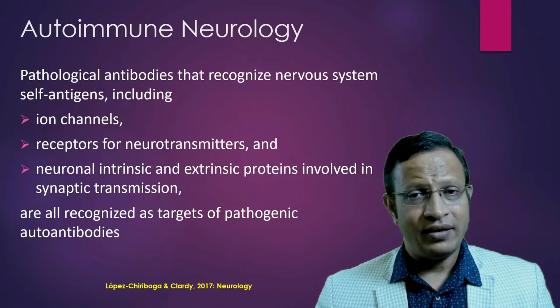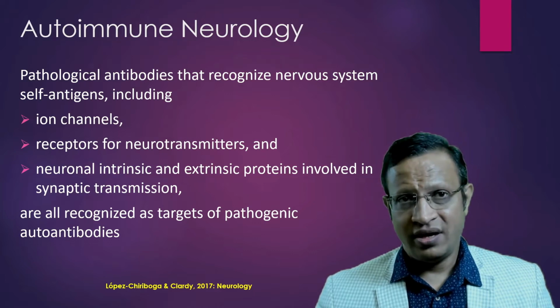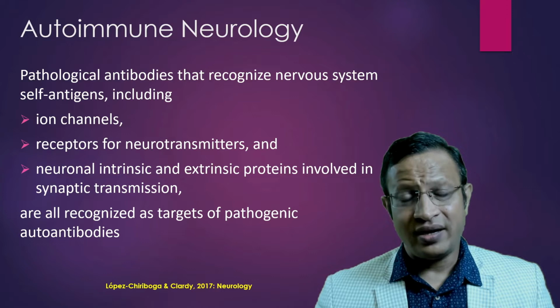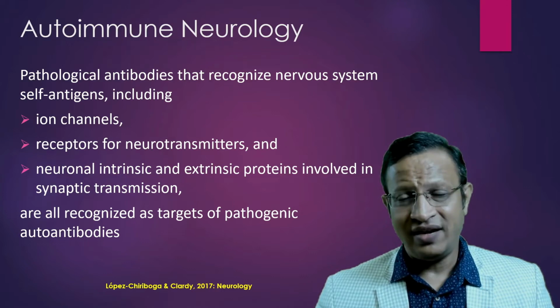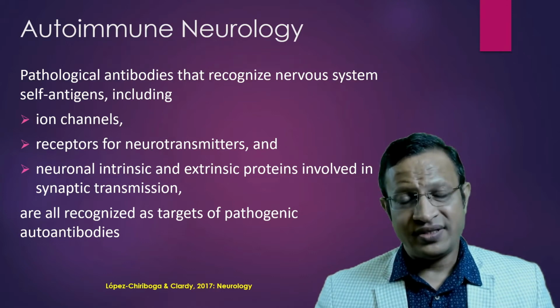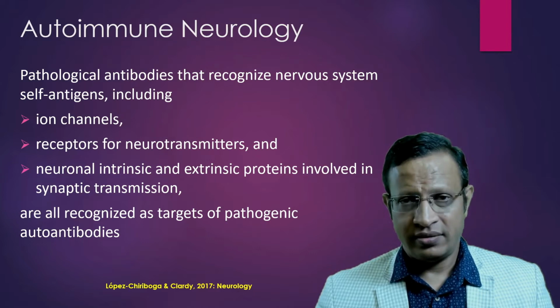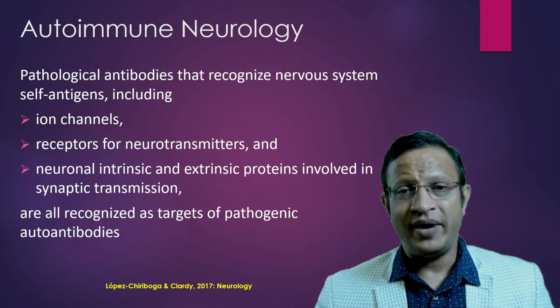Here, especially in autoimmune neurology, the pathological antibodies recognize nervous system self-antigens, that means our own nerves are being considered as foreign and certain parts of the neurons will be attacked.